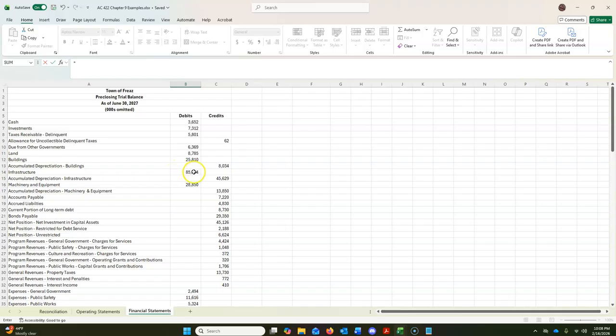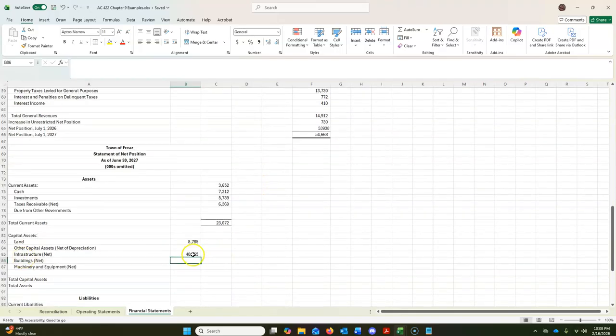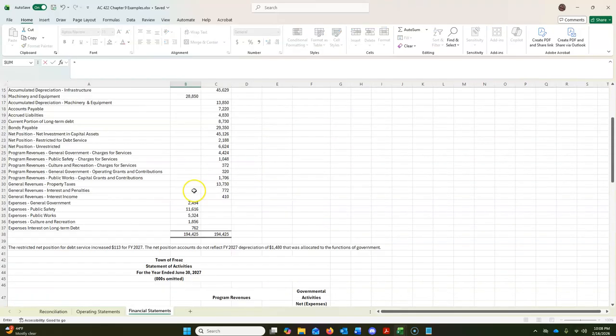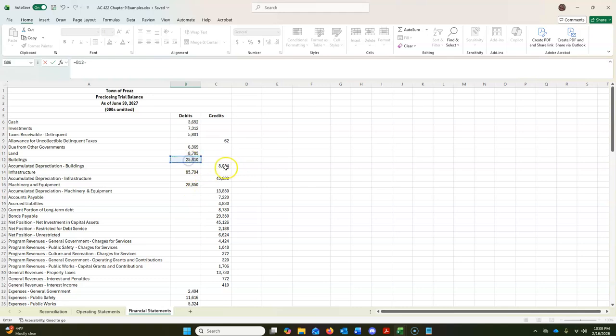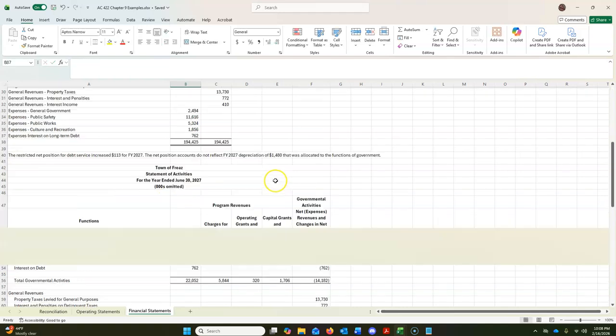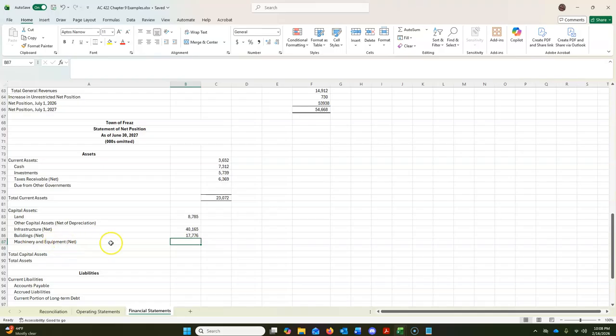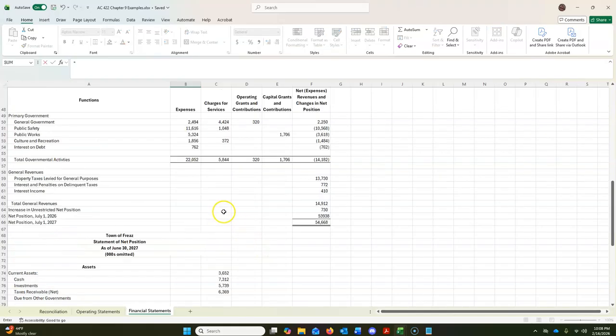So I have this 85,000, and then I have accumulated depreciation. Okay, then we have buildings. So then I'm going to go to buildings and subtract my depreciation. And then I have machinery and equipment.